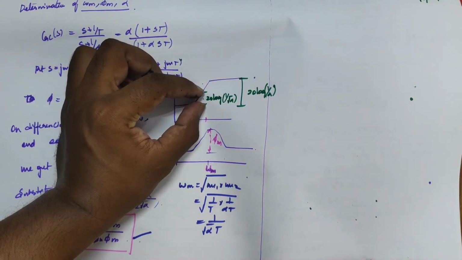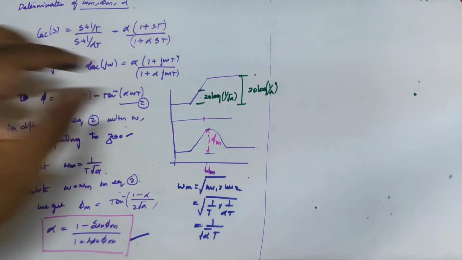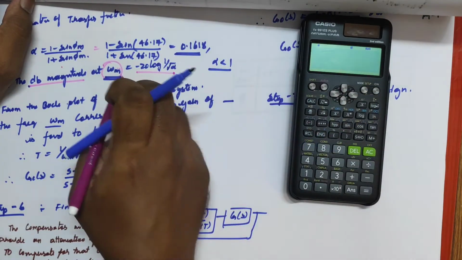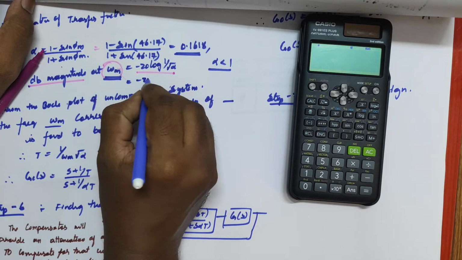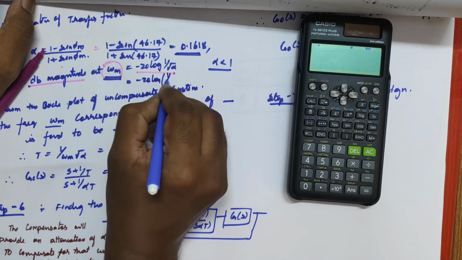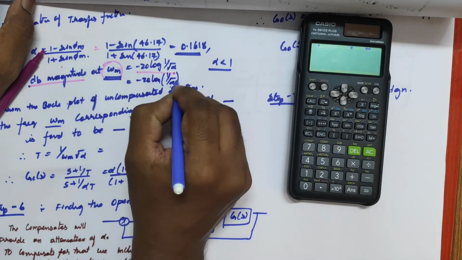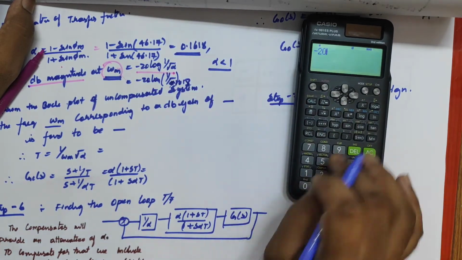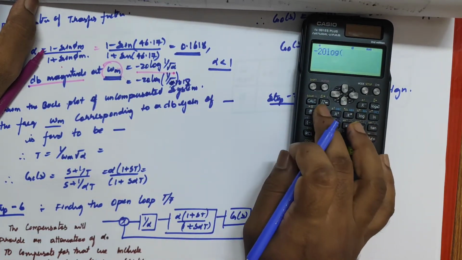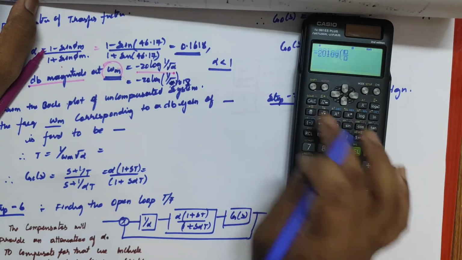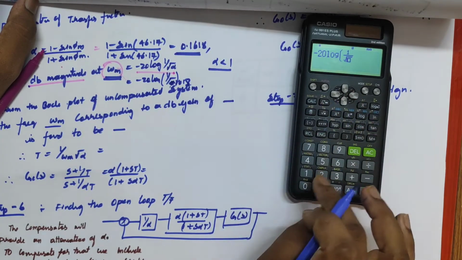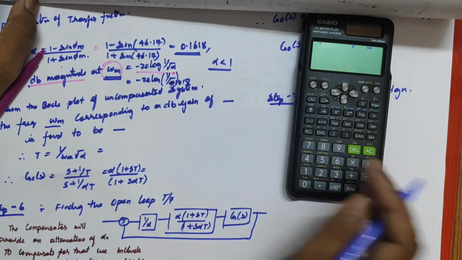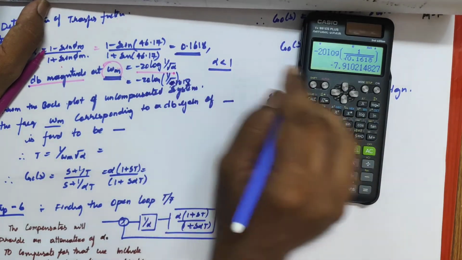So we have to find it: minus 20 log of 1 by root alpha, with alpha 0.1618, gives minus 10 log, so approximately minus 7.8.